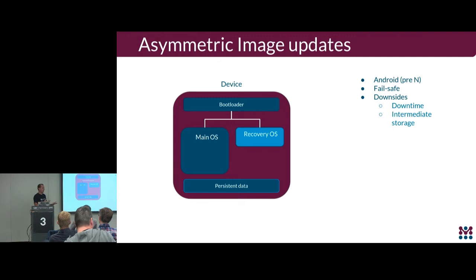If you've ever used an Android phone, you get a notification that there's a new update for Android, you want to install it, yes, and then the device reboots into some kind of recovery OS, because it has downloaded the image and placed it in a separate storage. You reboot to the recovery OS, and then you're able to update this part.